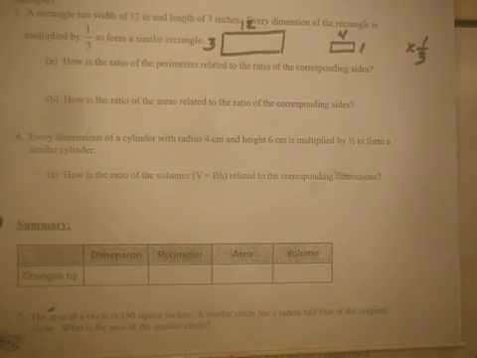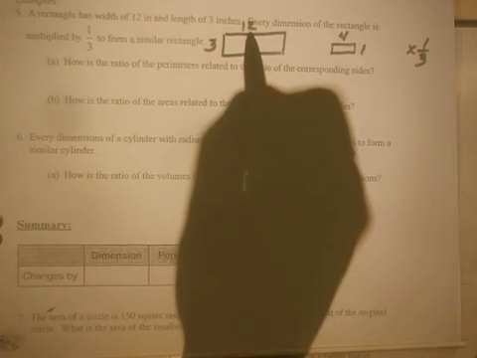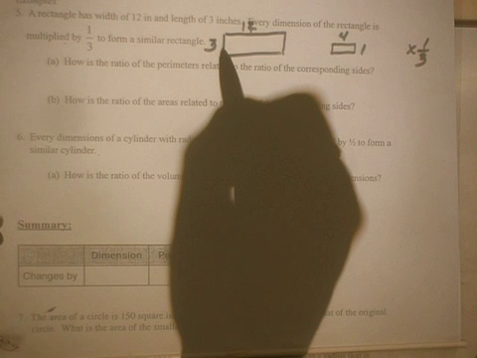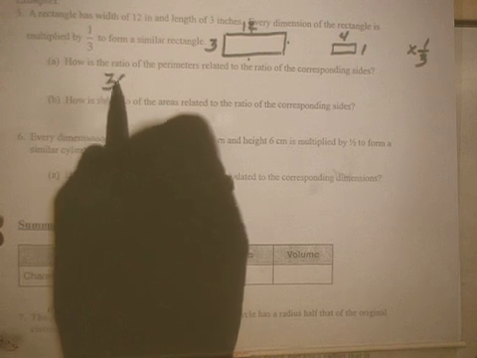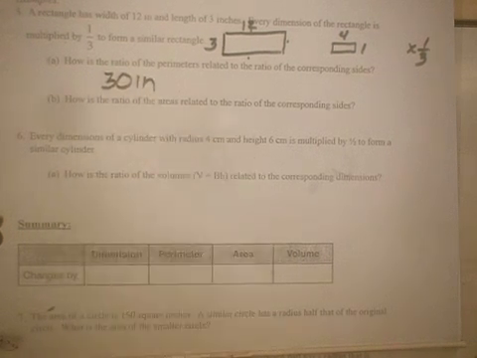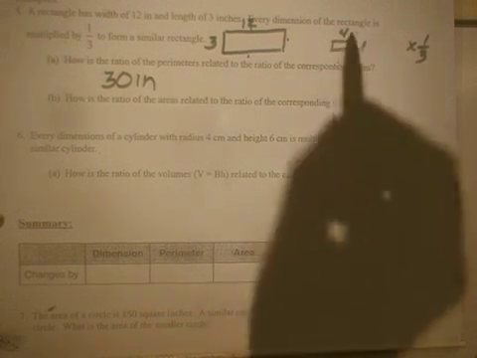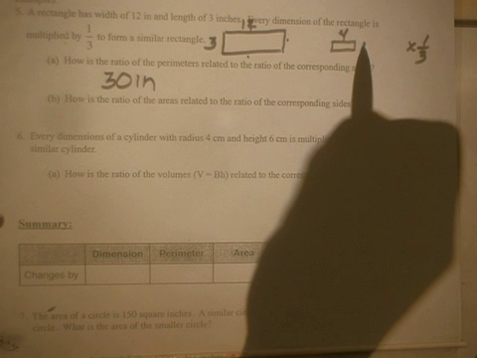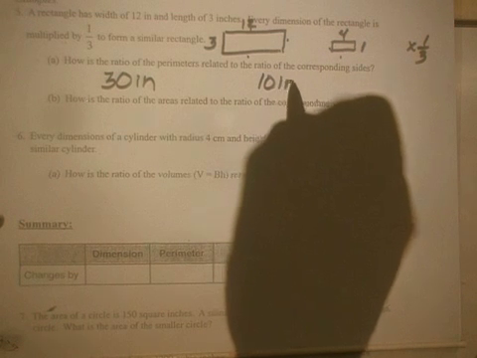So we have multiplied all the sides by 1/3. In part A, they're asking us to look at the perimeters. The perimeter of this first one is 12 plus 3 plus 12 plus 3, which is 30 inches. The smaller perimeter is 4 plus 1 plus 4 plus 1, which is 10 inches.